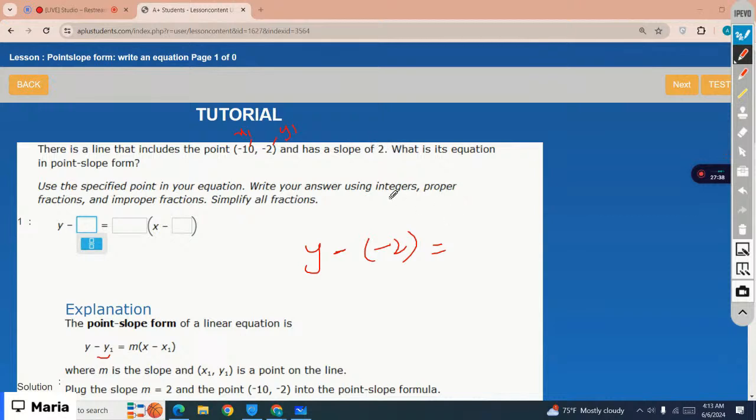The slope you are given is 2, and x minus x1. X1 is already -10. So that is y plus 2 equals 2 times x plus 10. The correct option is y plus 2 equals 2 times x plus 10. Got it?